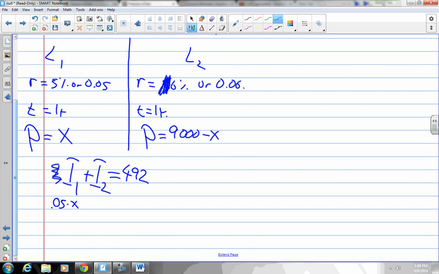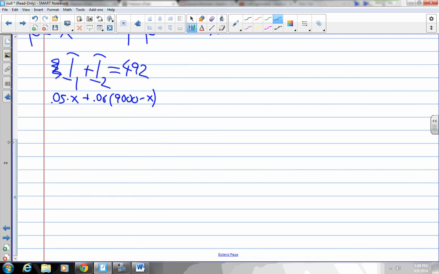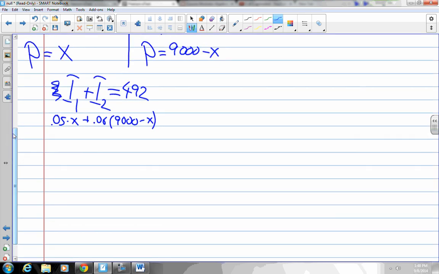You multiply three quantities; the 1 doesn't contribute. For the second one, again, you multiply all three quantities. So that's 0.06 times (9,000 minus X). All equals 492.